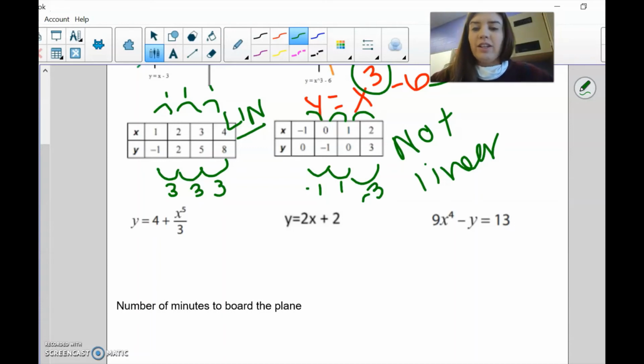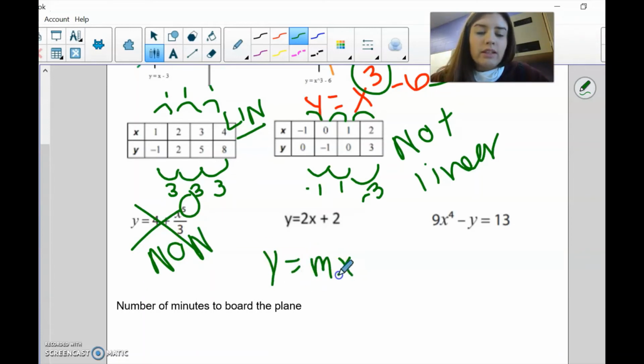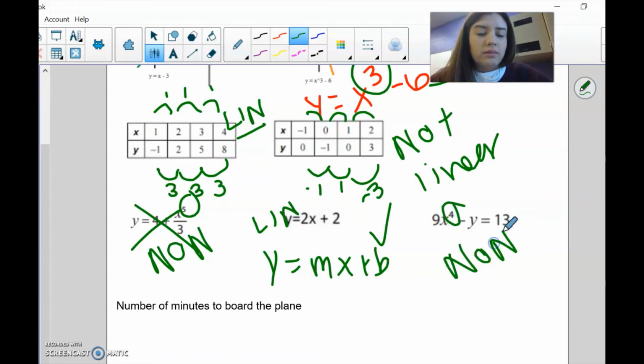All right, looking at y equals plus x to the 5th over 3. Well, there's that exponent, tells us right away, nonlinear. We're looking at the second problem. This is in the form y equals mx plus b, so this is in fact linear. This last one, we have the exponent again. It is nonlinear.